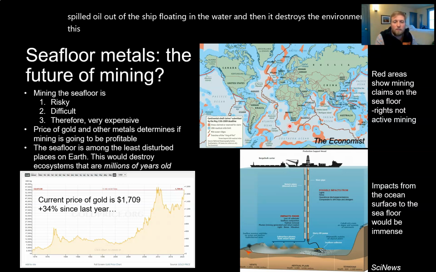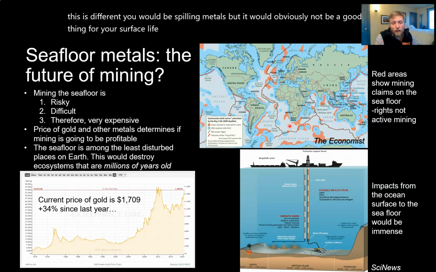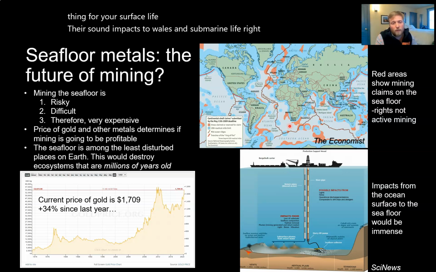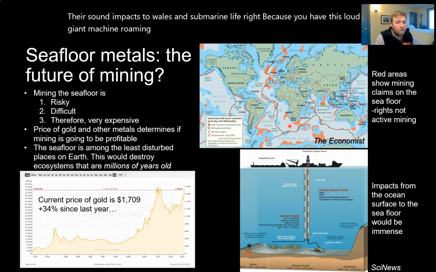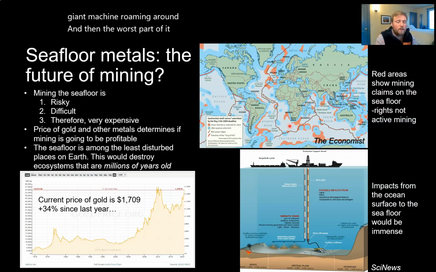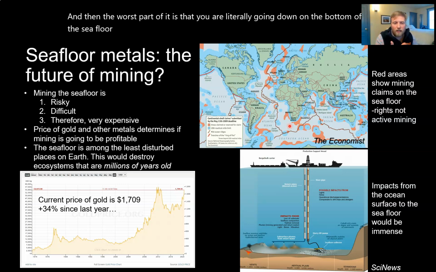You would be spilling metals, but it would obviously not be a good thing for near surface life. Okay, there's sound impacts to whales and submarine life, right? Because you have this loud giant machine roaming around. And then the worst part of it is that you are literally going down on the bottom of the seafloor and grinding up and sucking up all this sediment and disturbing it.